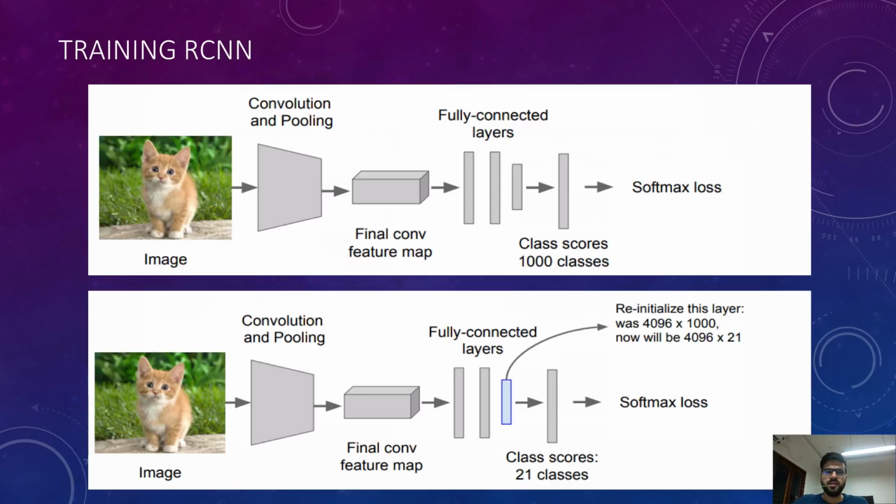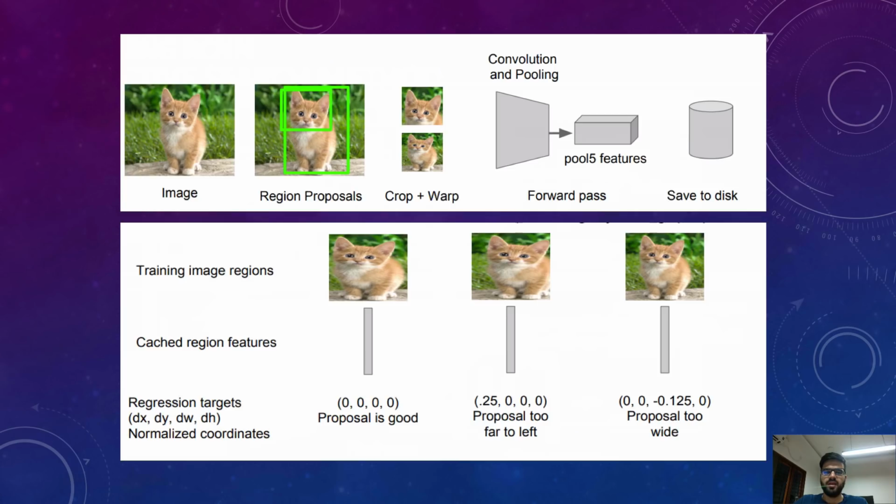So while training, we remove the last layers of a fully trained network such as AlexNet, which is used in this particular R-CNN. We take the output layer which was there for 1000 classes and replace it with 21 classes, where 20 would represent the classes in the Pascal VOC dataset and the one class would be the background class.